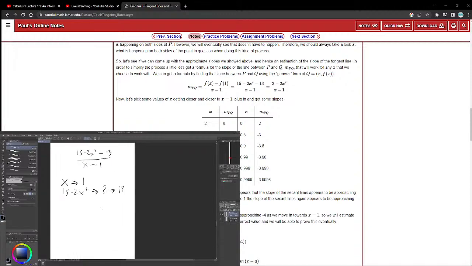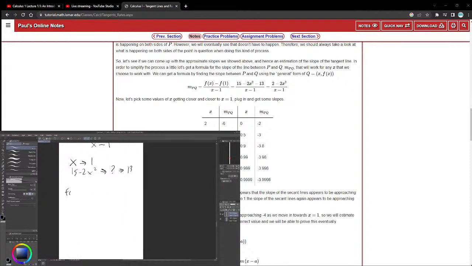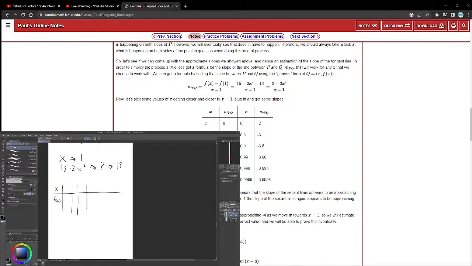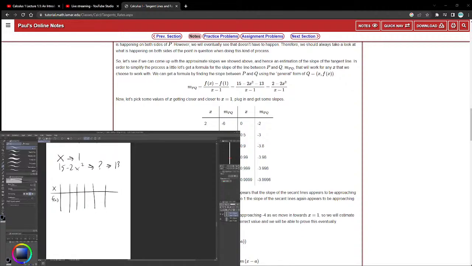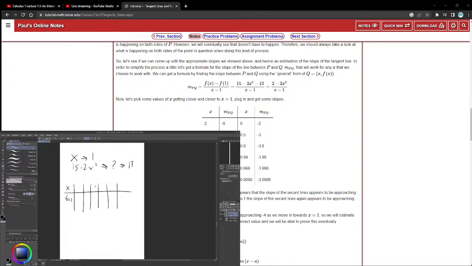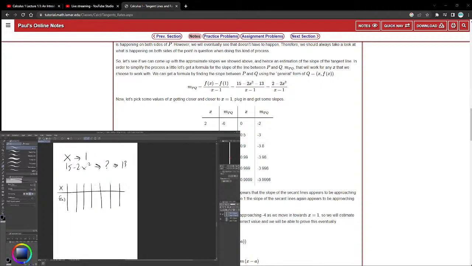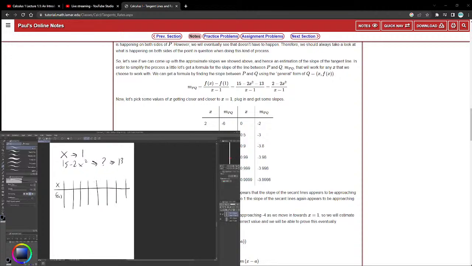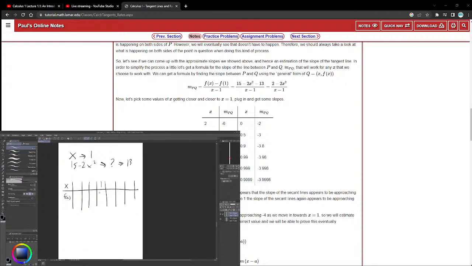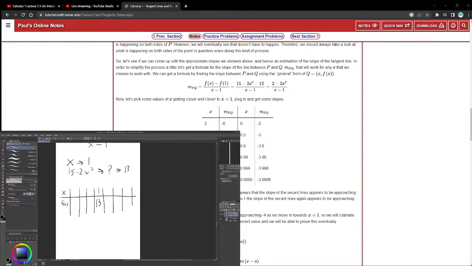Okay, so make a table. We're trying to find out what happens when x is 1. Well, we know it's 13 down here.